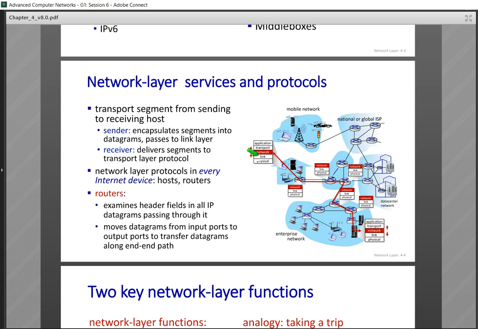and as we know, the network layer, look at this picture, is present in all the devices along the path, in the source, in the destination, and also in the routers along the path in different networks.